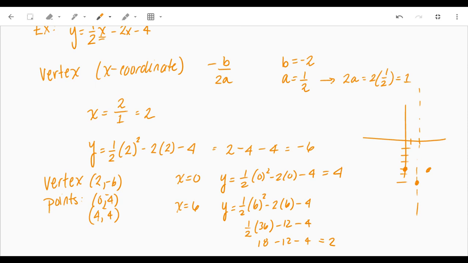So another point is 6, 2. Again, because of symmetry, if 6, 2 is on the graph, then -2, 2 would also be on the graph. They want you to do the vertex and then 2 points on either side.